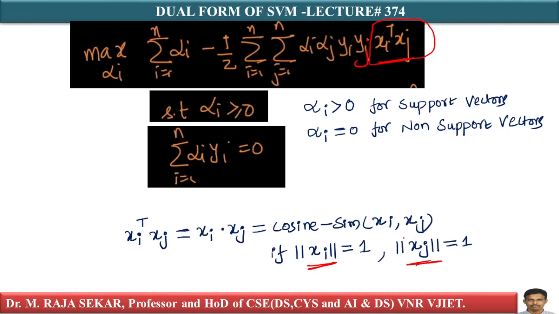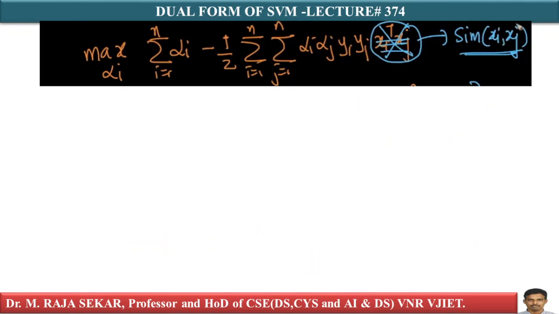I can replace xi transpose xj with any similarity between xi and xj. Xi transpose xj can be thought of as cosine similarity. We know what cosine similarity is, isn't it? If I replace xi transpose xj with similarity between xi and xj, this is what made SVMs super popular.